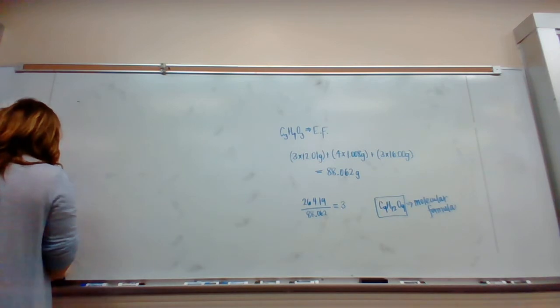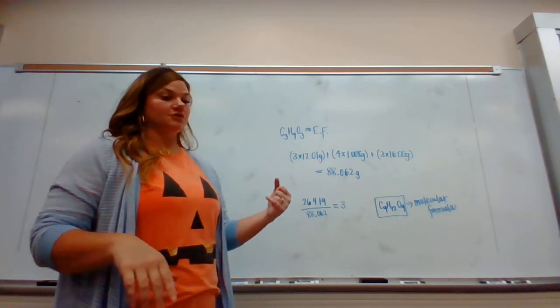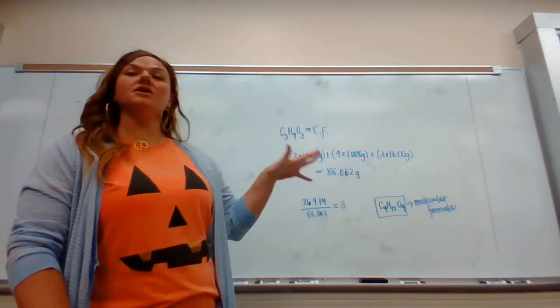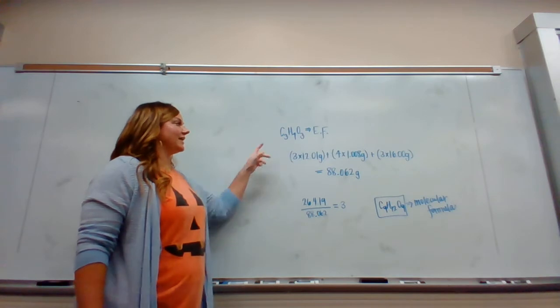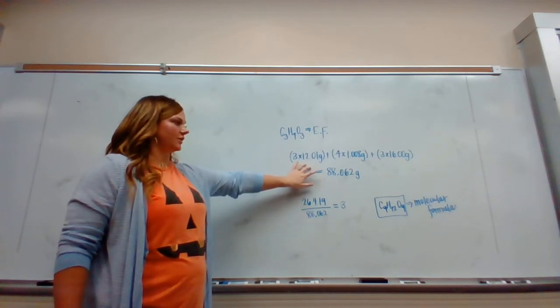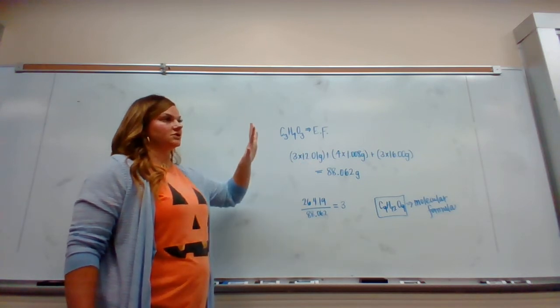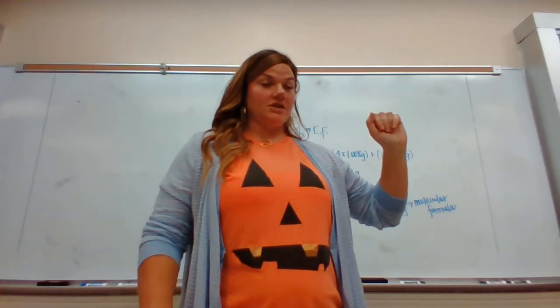Alright, just to run through real quick the other math that we've encountered in chapter 4. The very first math we did in chapter 4 was finding the molar mass of a formula. So we had to do that in this step right here. Then second thing was we did percent composition.